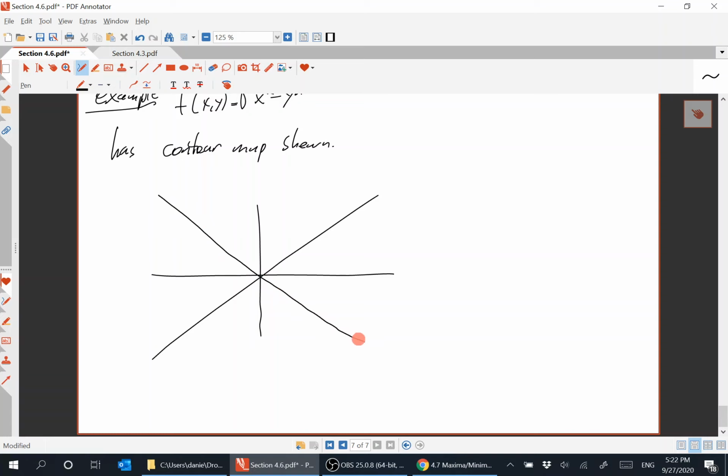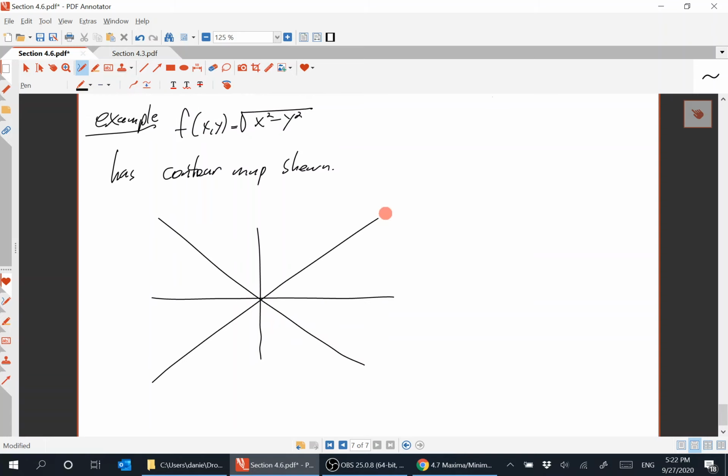We had this x here for f equal to 0, and then we had these hyperbolas for f equal to 1, 2, 3.